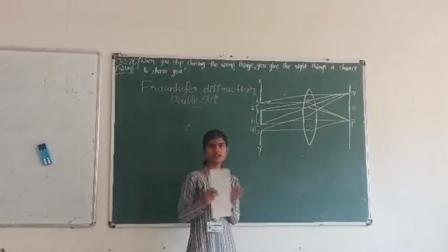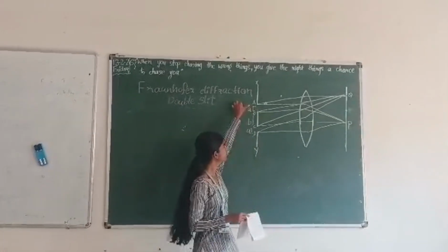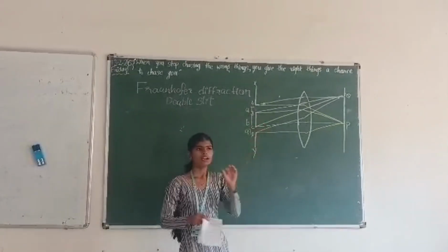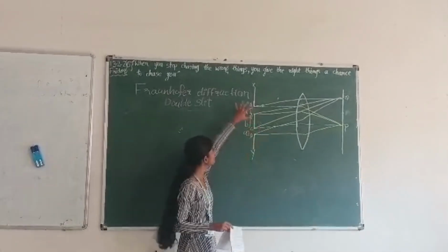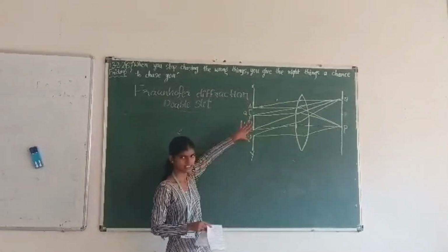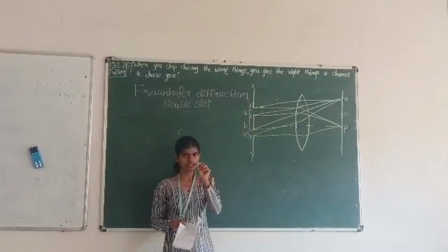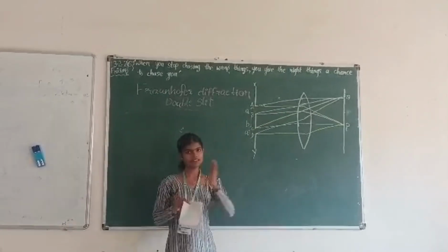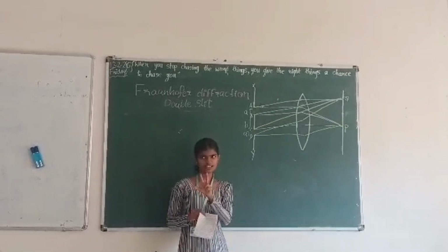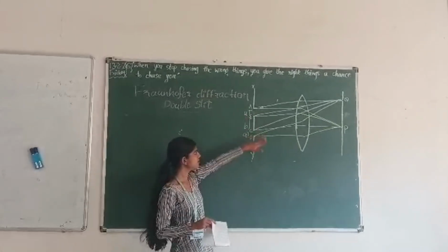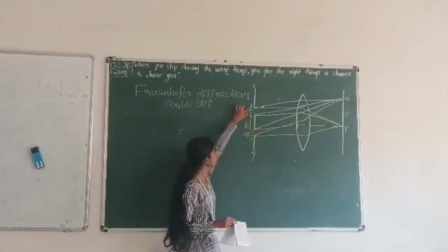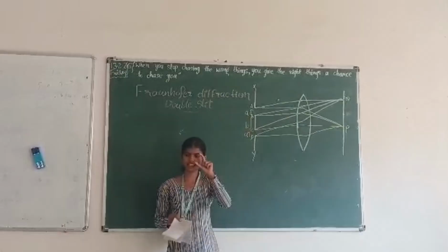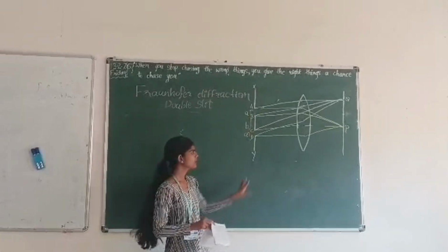The interference occurs due to the two slits, and the diffraction occurs due to the individual slits. Interference occurs due to double slits and diffraction occurs due to single slits, that is, in each individual slit.